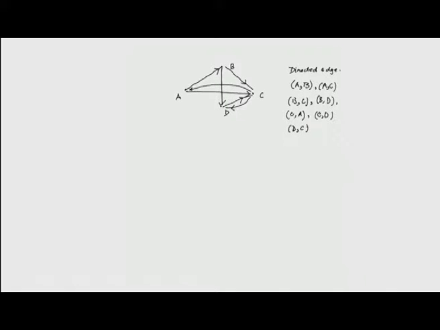Now, the set of vertices is A, B, C and D, and the set of edges is (A, B), (A, C), (B, C), (B, D), (C, A), then (C, D) and (D, C).